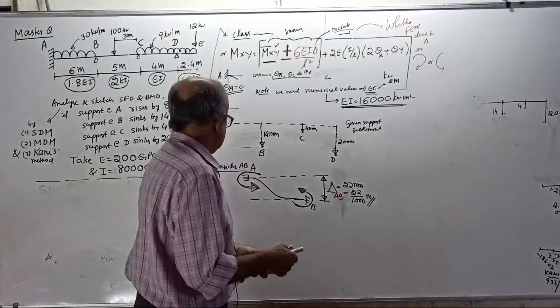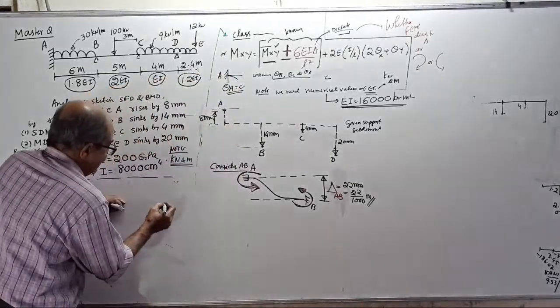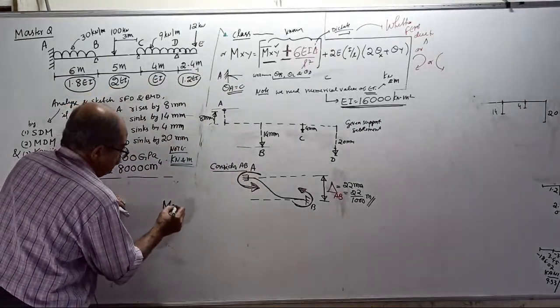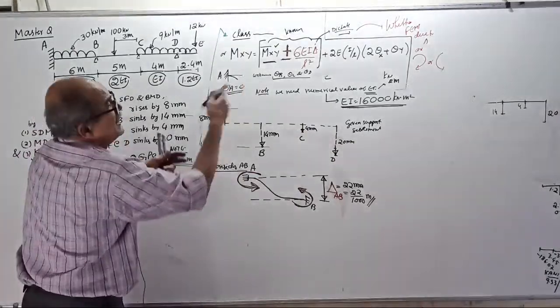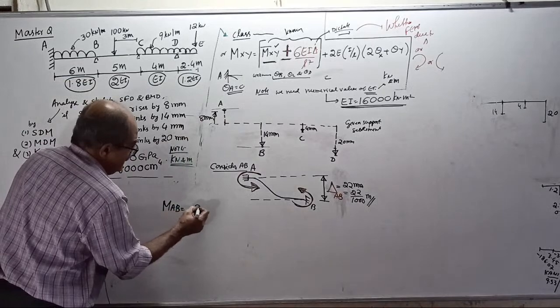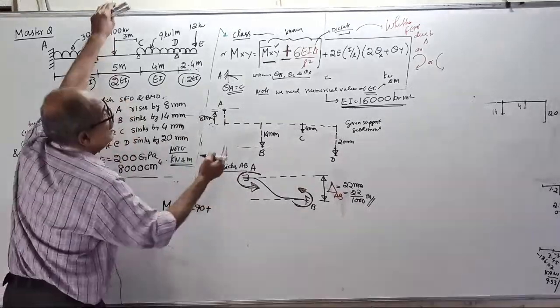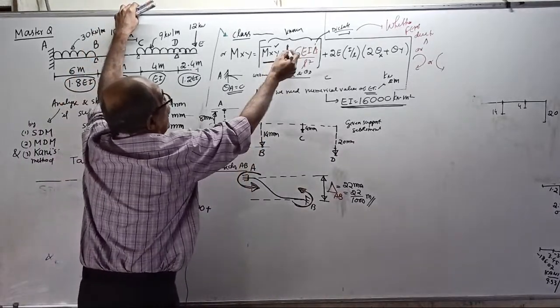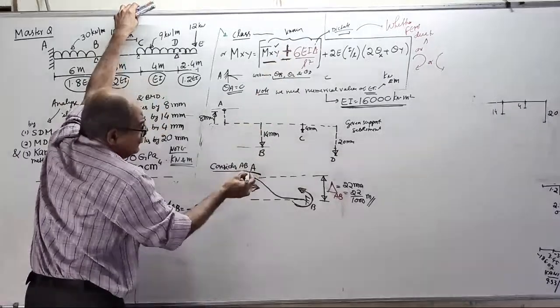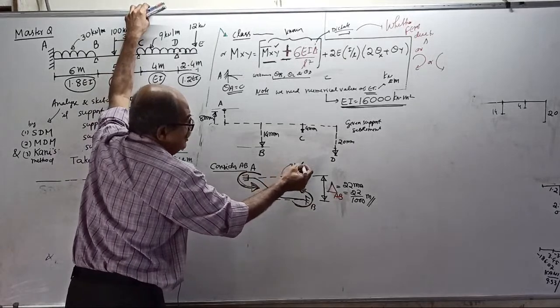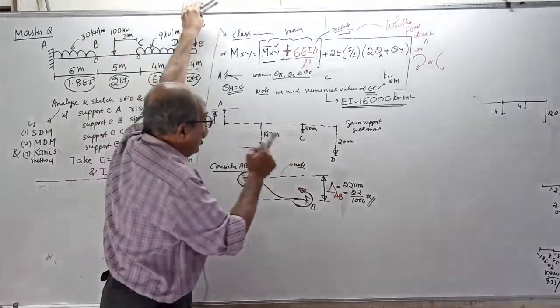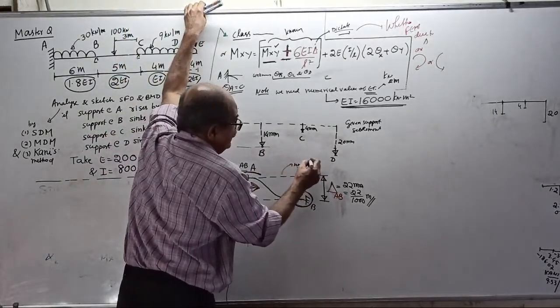Okay, start. Now, I start here. M bar AB equal to, start. I know the answer. It is minus 90 plus, tell me, plus or minus. Both are anti-clockwise. Make a note here. Both ends are anti-clockwise.